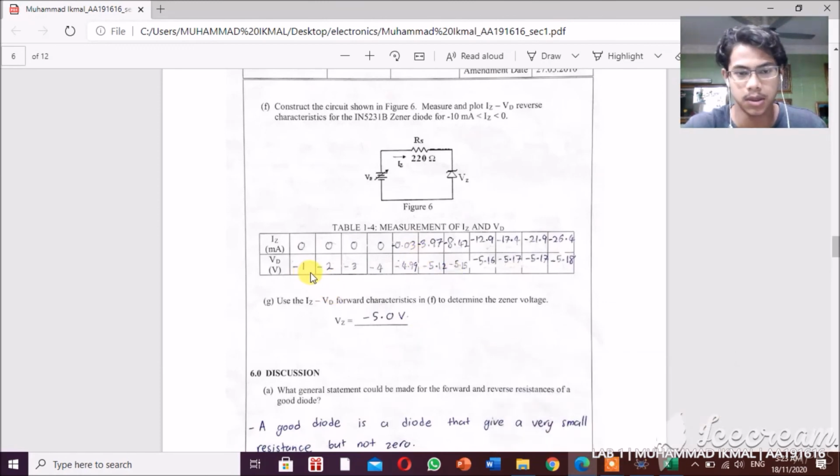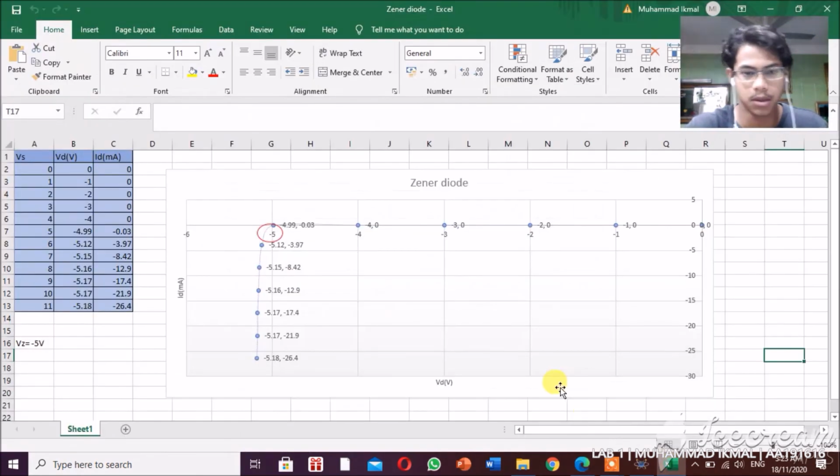So after we plot all of these values in Excel, I will get the output like this. Because our Zener diode is used in the breakdown region, the graph should be like this, in the negative area, not in the positive area.